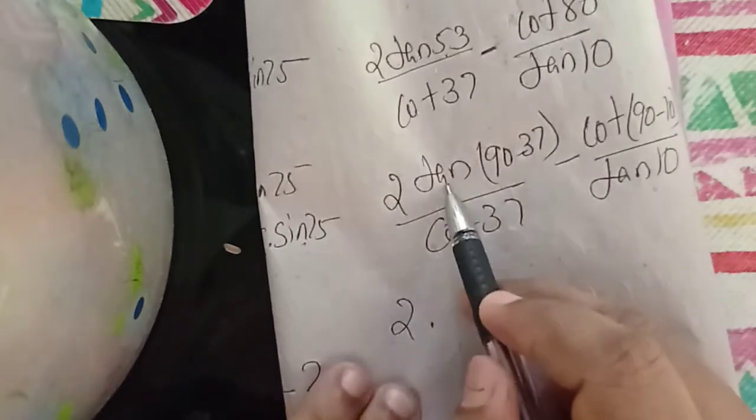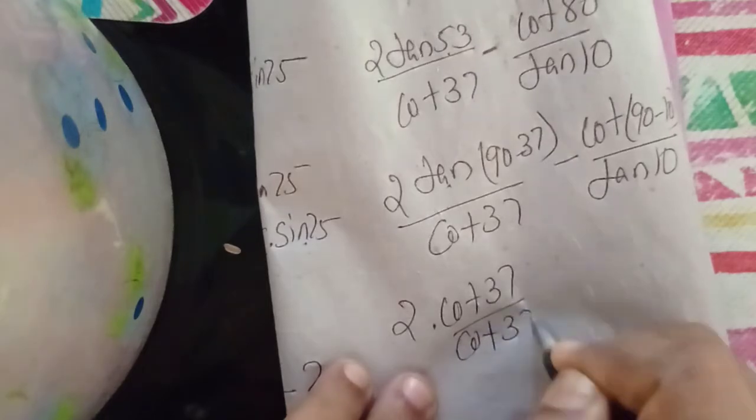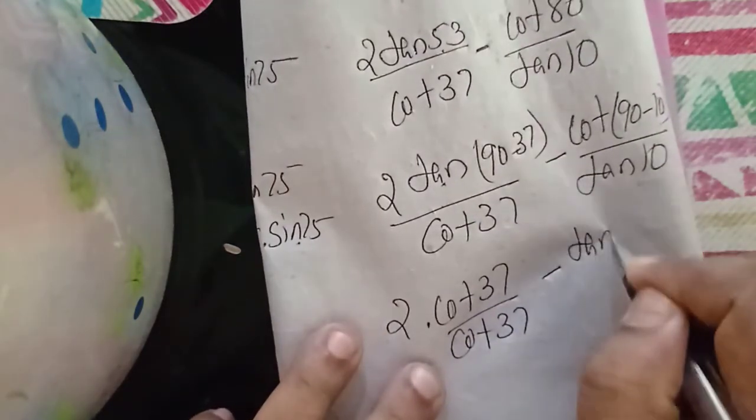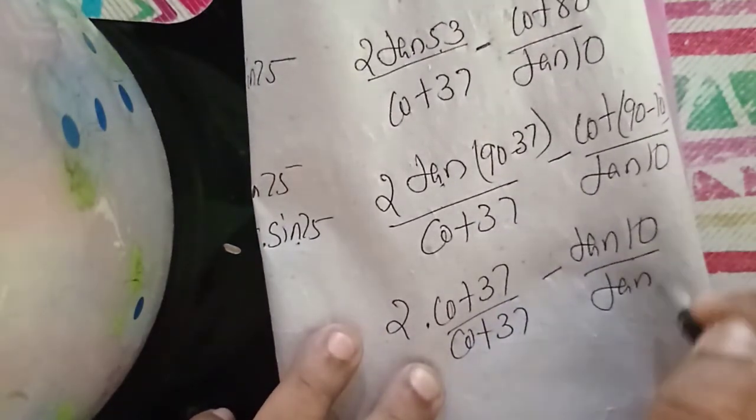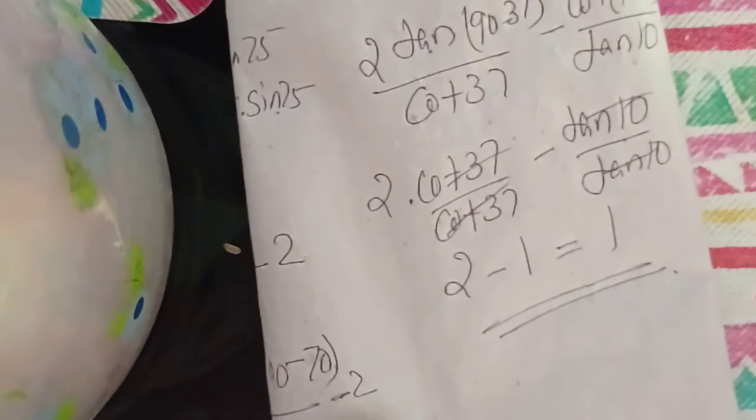Now 2 into tan changes to cot 37 by cot 37, minus cot changes to tan 10 by tan 10. 2 minus 1 is equal to 1. Okay, do it.